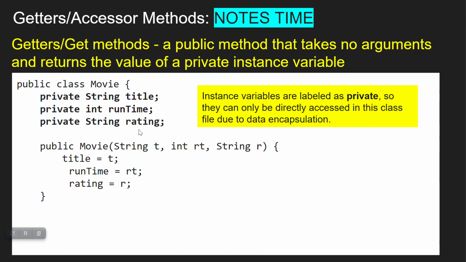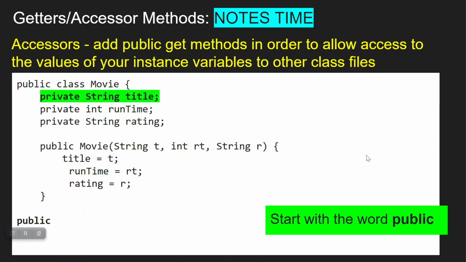You can't directly access or alter any of these values from outside of the movie class, or whatever class you're in. So in order to give access to these instance variables, you have to add public get methods. That's going to allow the values of your instance variables to be accessible to other classes.